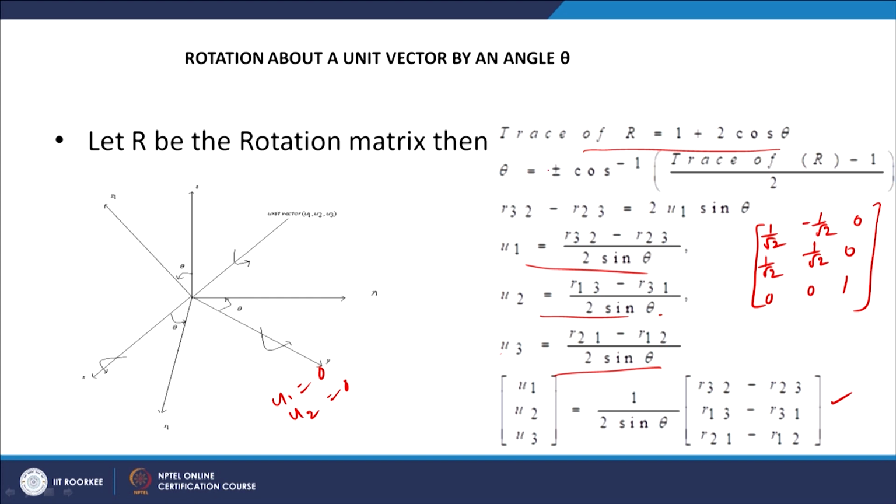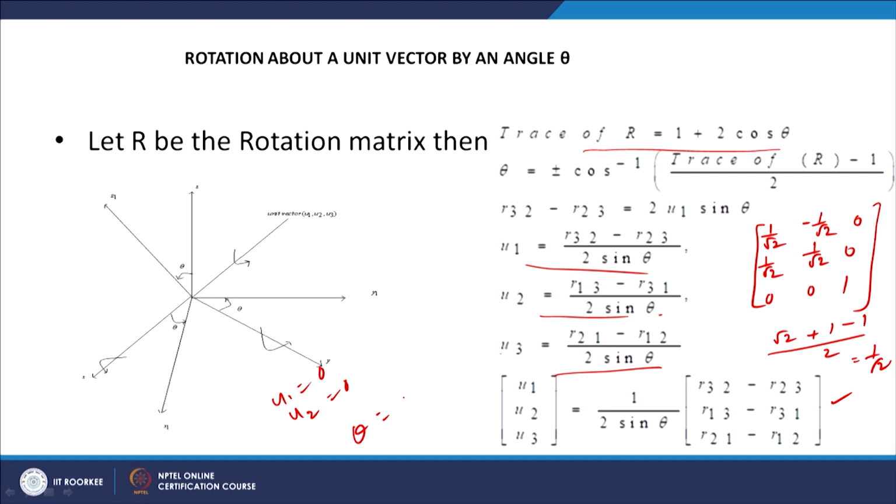So what is the theta value? It is from the sum of the trace. So 1 by root 2 plus 1 by root 2 plus 1, so it is 1 plus root 2. So trace of this minus 1, divided by 2, is nothing but 1 by root 2. So cos inverse 1 by root 2 is 45 degrees.